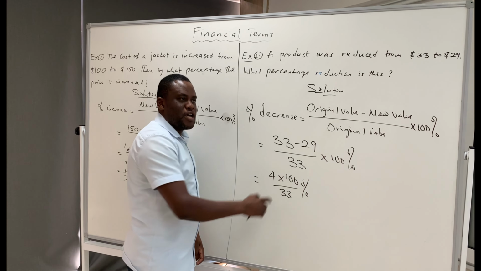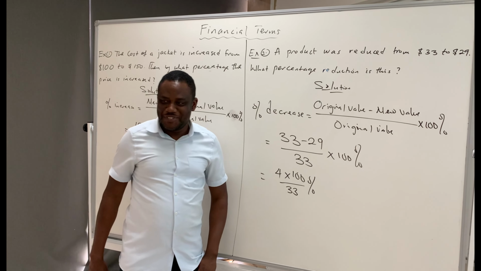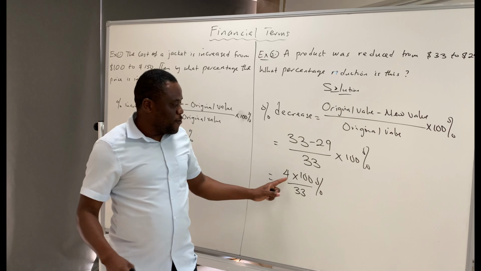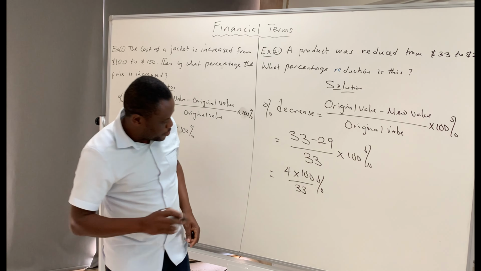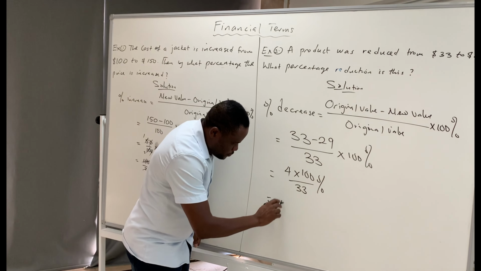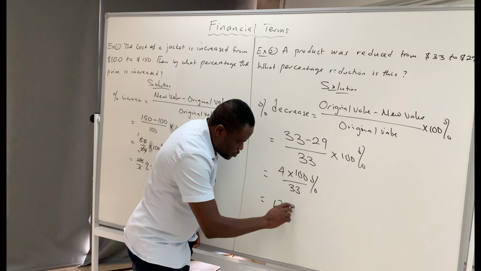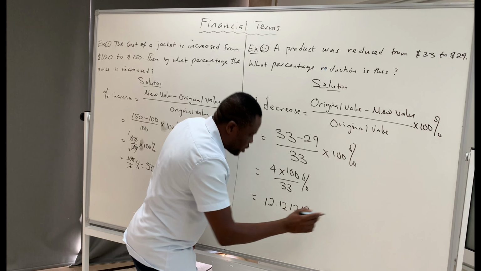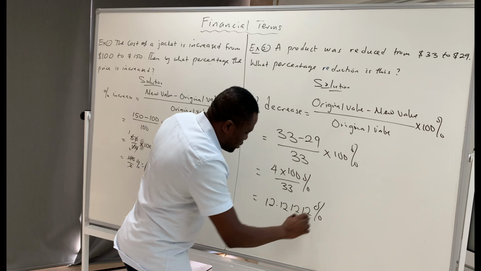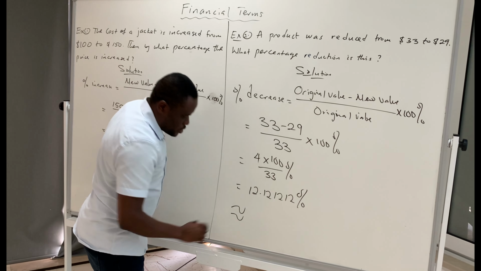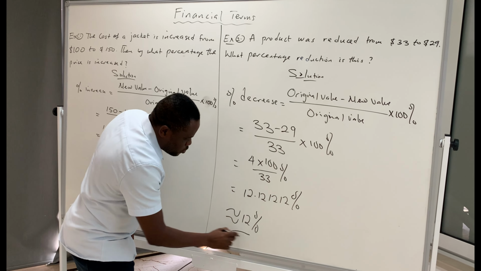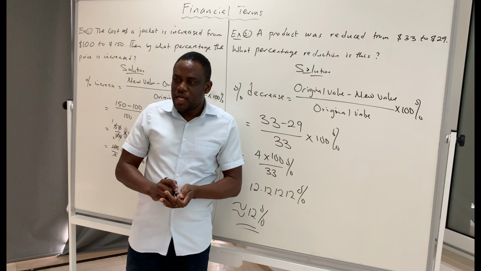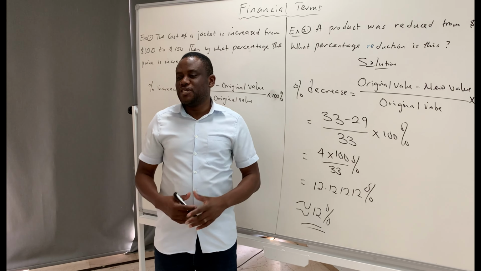So this is 400. Now I think you have to use your calculator. So 400 divided by 33. Yes. Okay, so 12. We can approximate it. This approximation sign. This is 12%. So roughly, there is a reduction of 12%.